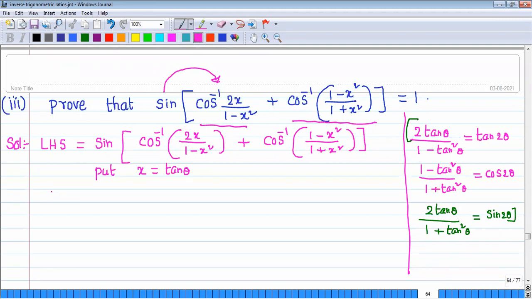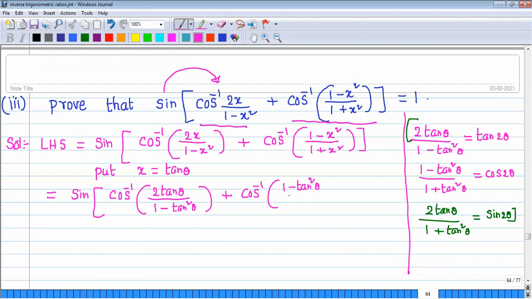Now this equals sine of cos inverse of 2 tan theta by 1 minus tan square theta plus cos inverse of 1 minus tan square theta upon 1 plus tan square theta.